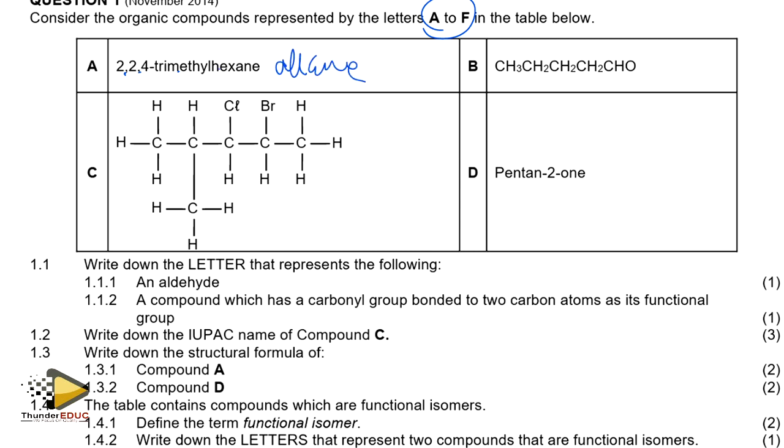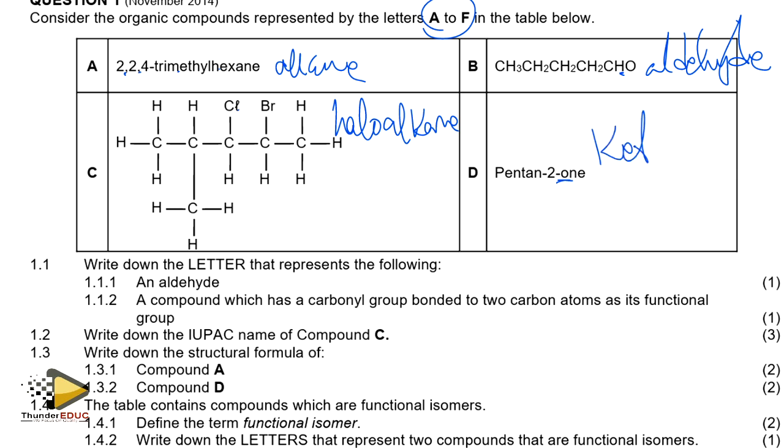And then this one, because of this, is an aldehyde. Let's identify together. If you see it and you couldn't get it right, then it means that something is still missing. And then this one is a haloalkane. And then this one is a ketone. You see?